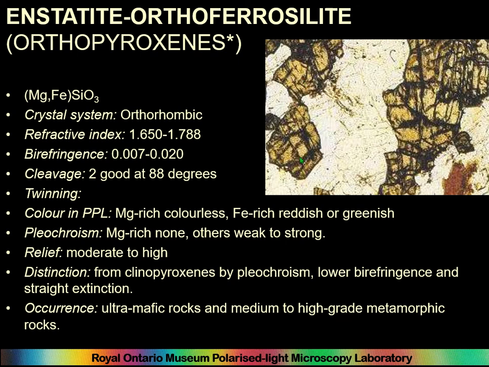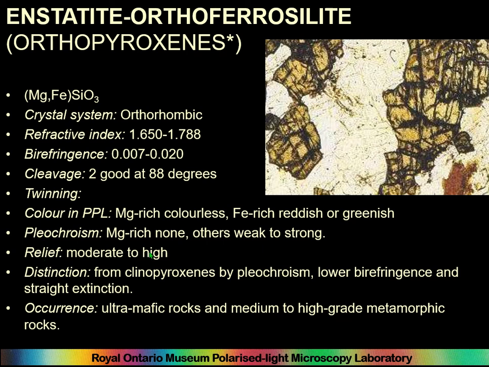So this is probably an iron-rich one because it's reddish greenish. Pleochroism: the magnesium ones don't have it, but the iron-rich are weak to strong. So in plain polarized light, if you rotated this stage, and it's possible that this is actually the same mineral only in a different orientation, it will change color when you rotate the stage in plain polarized light.